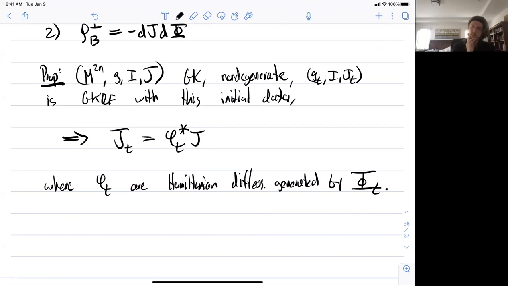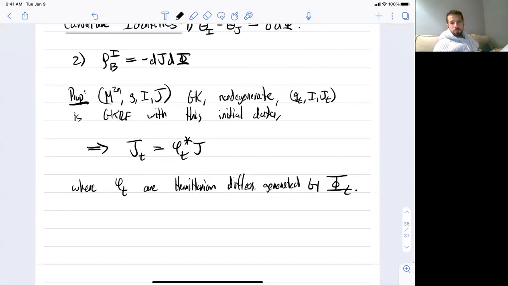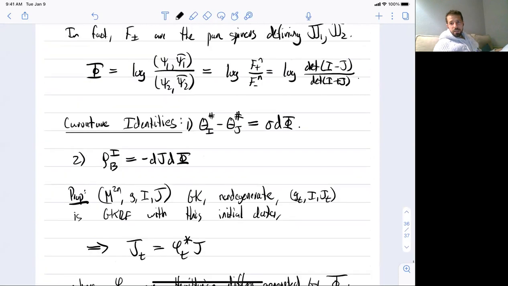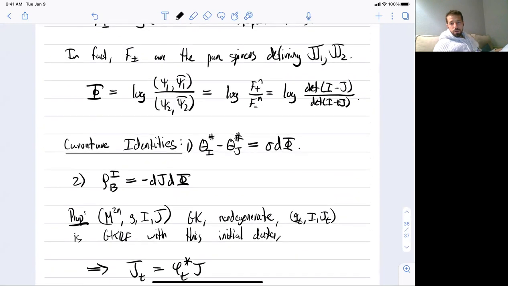Jeff? Yeah. The formula of the Bismut-Ricci, is it symmetric in I and J, maybe up to sign? I mean, if I exchange I and J, is it true? I have to think about it. Maybe with a sign. No, I think it should just be true on the nose. Yeah, I think without a sign even.